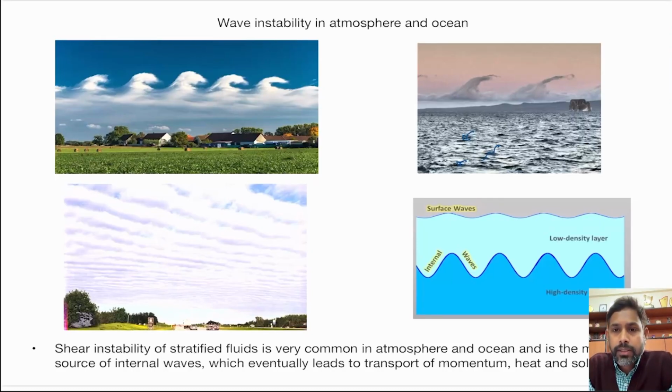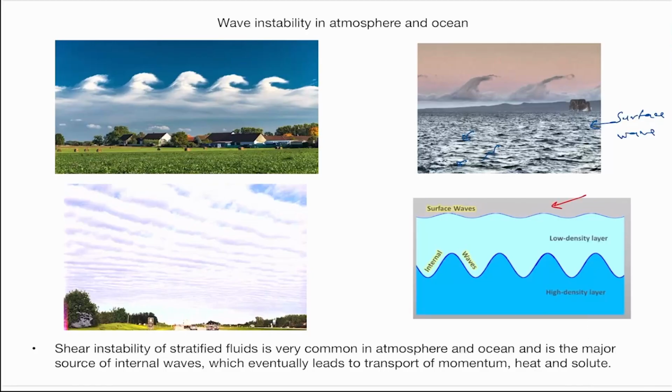And not just the surface wave that we are talking about. So this is the surface wave, but there are also internal waves like what you see here. These are internal waves.